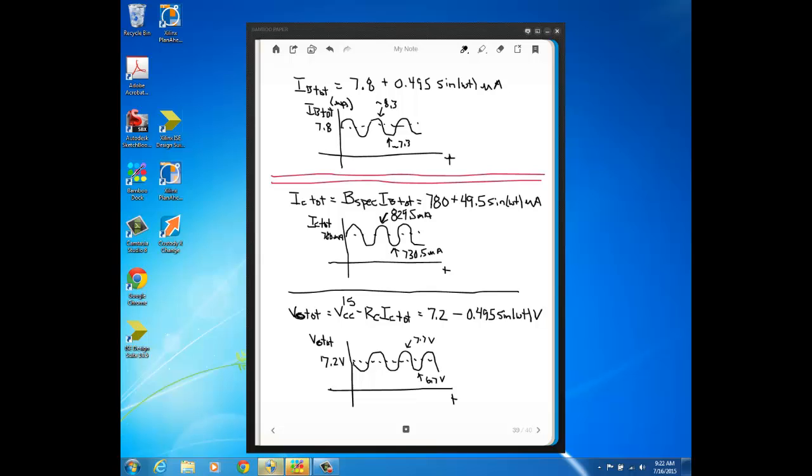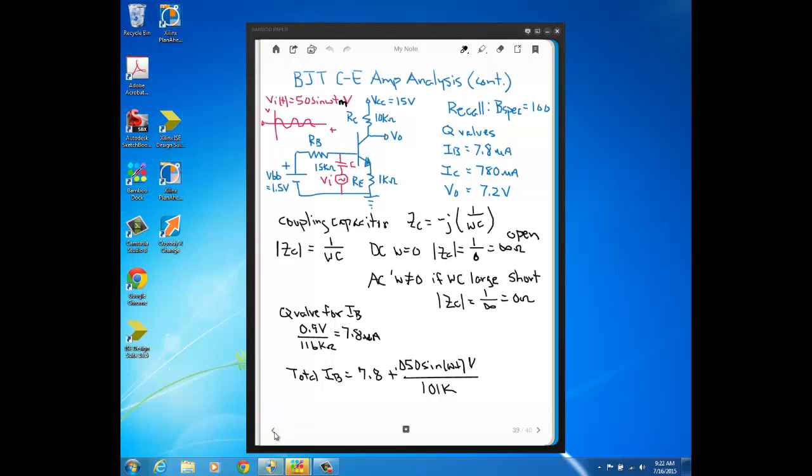Now notice that unlike the current curves, where the sinusoidal variation was a plus sign, here the sinusoidal variation is a negative sign. If we look back at Vin, Vin was a positive sign, so it started on the positive half cycle.